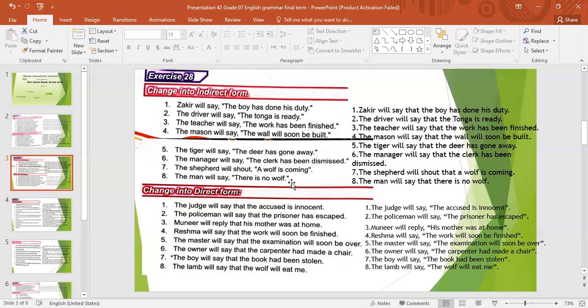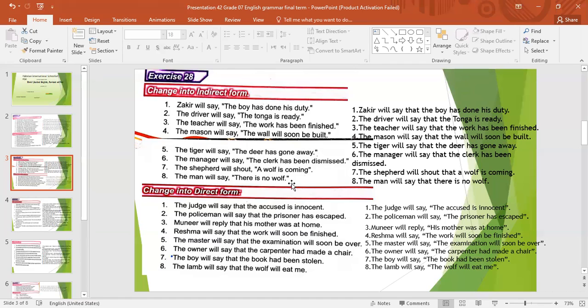The indirect speech is: the man will say that there is no wolf. These are the sentences changed to indirect narration just by adding that, which is a conjunction, and removing the inverted commas.